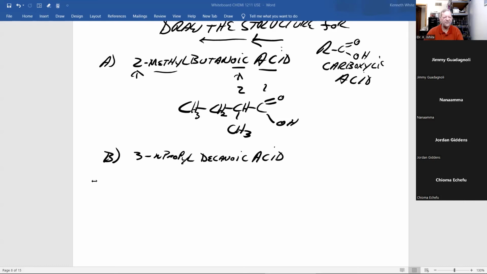All right, time for me to get to work. How do you decode this? You start from the right, move left. The word acid, OIC, that's a carboxylic acid. So if this were an E, decane, 10 carbons, I better get to work.